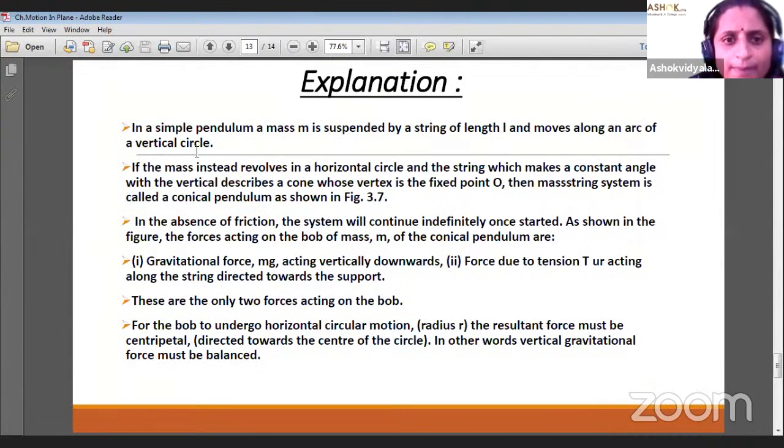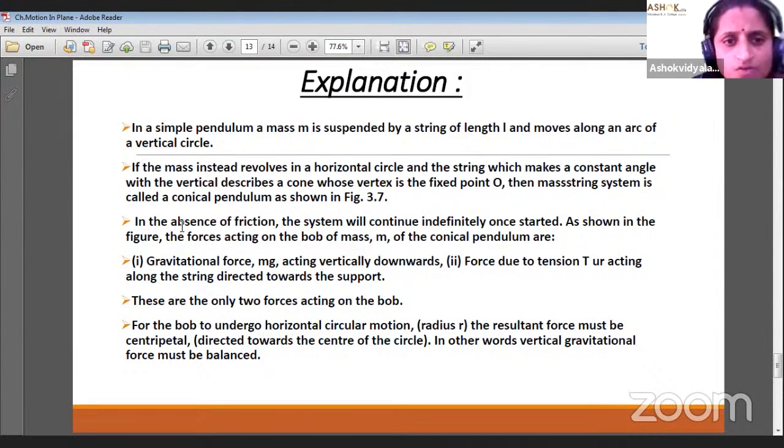See, in a simple pendulum, a mass m is suspended by a string of length L and moves along an arc of a vertical circle. If the mass instead revolves in a horizontal circle and the string, which makes a constant angle with the vertical, describes a cone whose vertex is a fixed point O, then the mass-string system is called a conical pendulum.